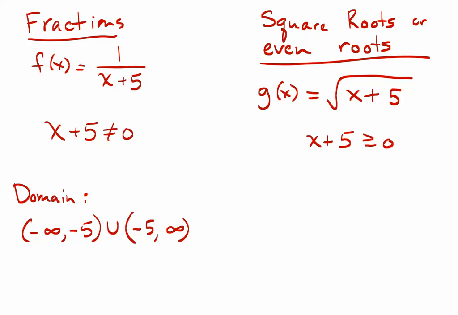So what we do, that's the inequality we need to solve. x plus 5 can only be greater than or equal to 0. And as we solve that, subtract 5 from both sides. And there's that. Can you guys convert that into interval notation?